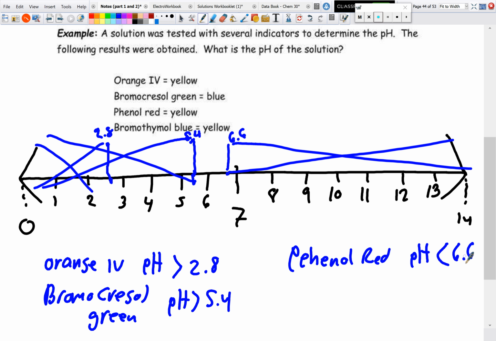Because phenol red is saying that the pH needs to be below 6.6. So you can tell right here we have this very narrow range because our first two indicators told us that it needs to be above 5.4, and phenol red is saying it needs to be below 6.6. So we'll see if bromothymol blue tells us anything different.